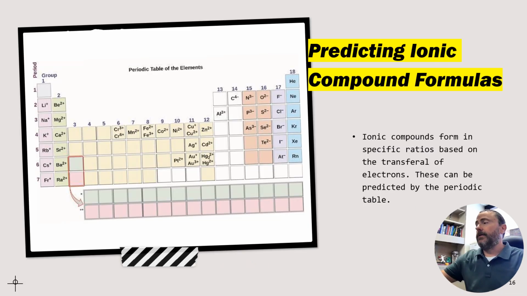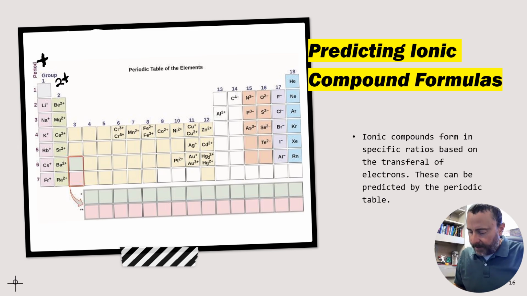We can use the periodic table to predict ionic compounds. Notice that things in group 1 love to become +1. Things in group 2 love to become +2.